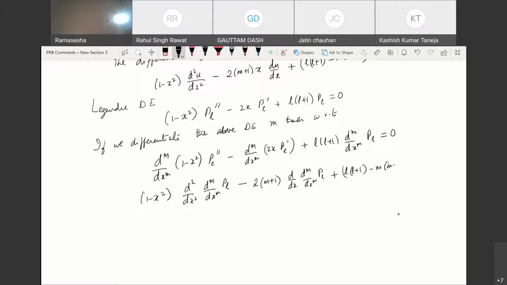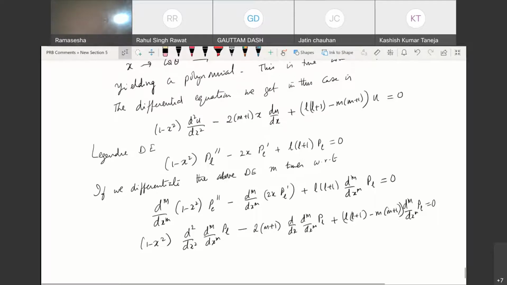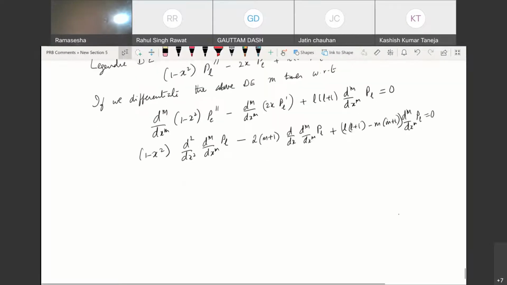So what you will see is that if I were to differentiate the Legendre differential equation m times, then the equation that I'll get is the same as the equation for u. So u is actually equal to d m P L by dx m here.